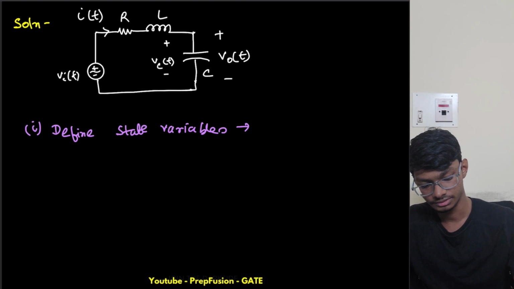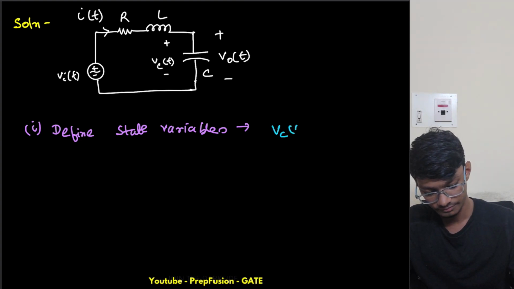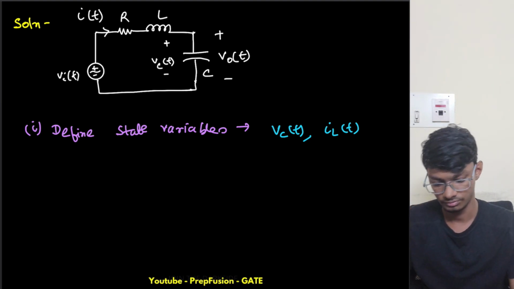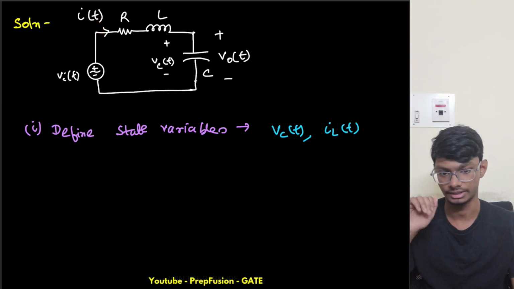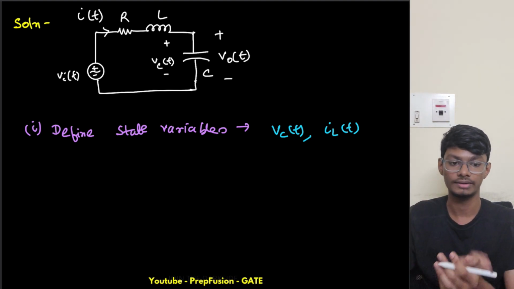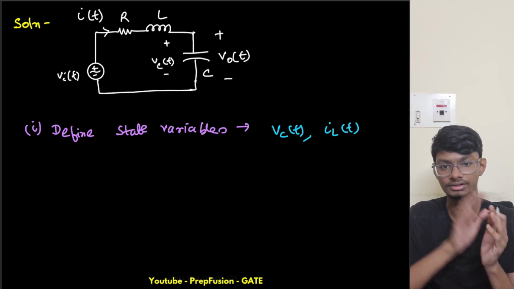So what are the state variables here? State variables here are Vc of t and my other is IL of t, right? Now my IL of t is equal to I of t only, because this is connected in series. Now you have to find in terms of what you have to write the state variables.